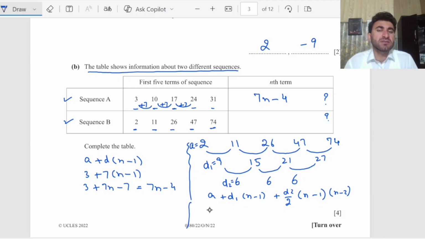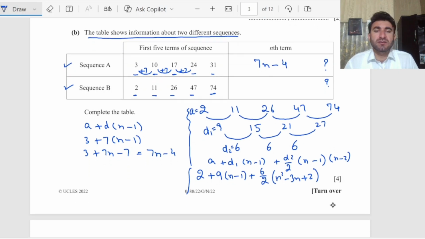Replacing these values, a was 2, so 2 plus 9 times n minus 1 plus d2 was 6, so 6 divided by 2 times n minus 1 into n minus 2 becomes n square minus 3n plus 2.